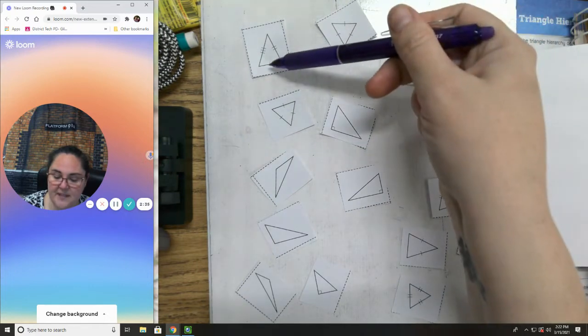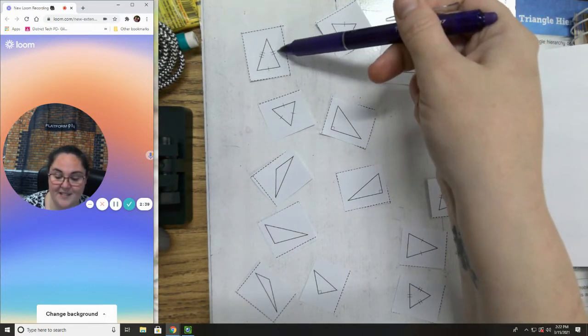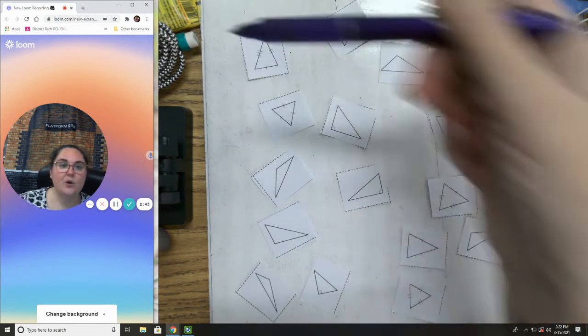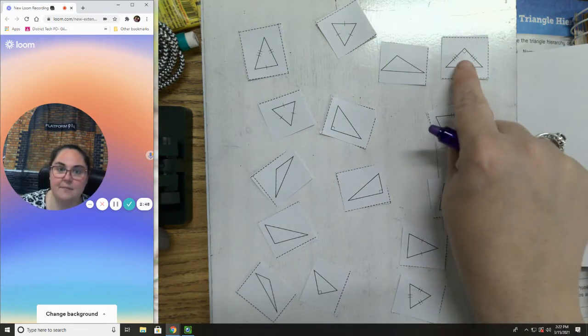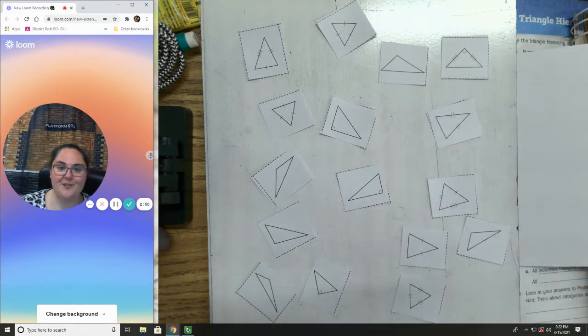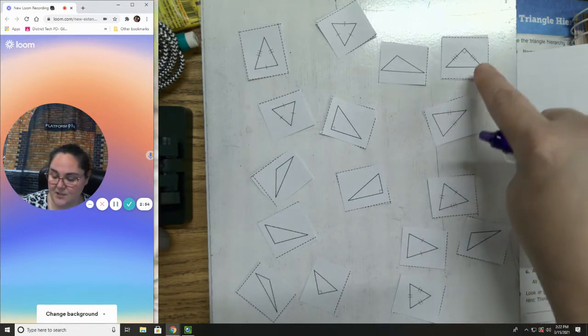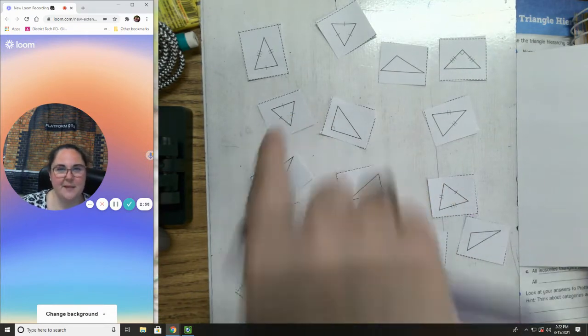Over here, it means that this is one measurement, this is a different measurement, and this is even a different measurement. So when you look at those tick marks, if they're the same, it means the same. If they're different, it means they're different. So this one, two sides are the same. Two sides are the same. Three sides are the same. That's what that means.